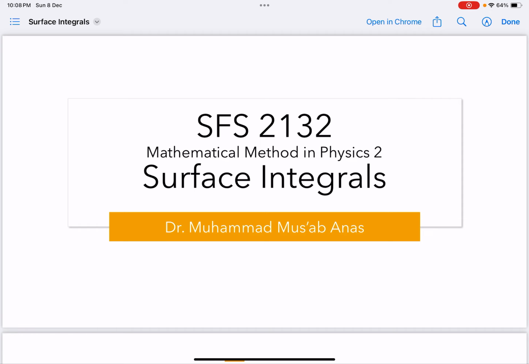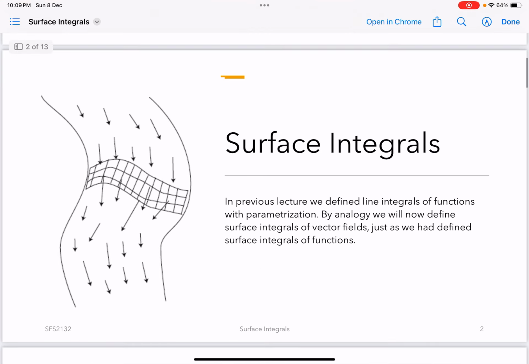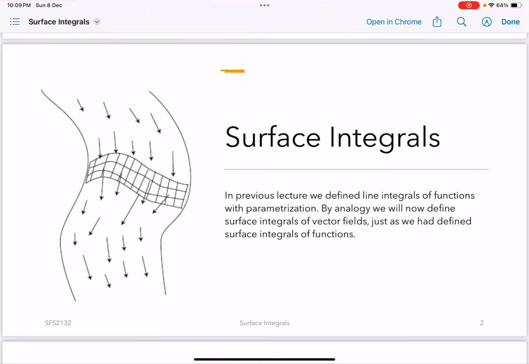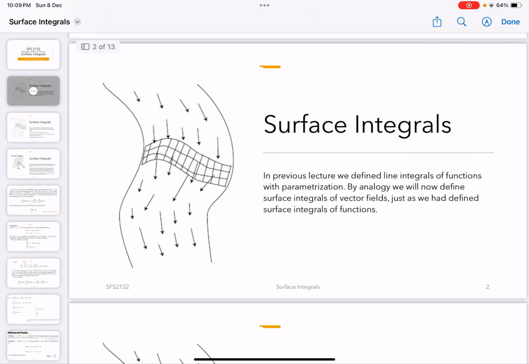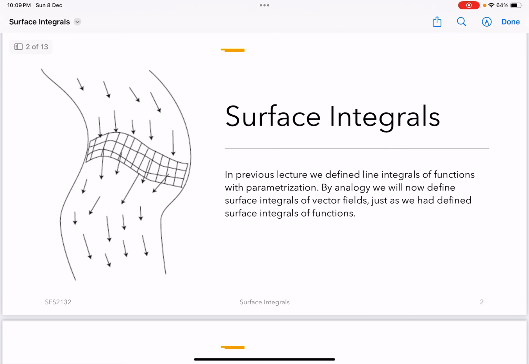Almost the same case. I think we use the same case of the river flowing and there is a leaf or water flow. So like the previous one, we have an analogy for the function of parameterization, which is all about the vector field, the vector field of the river flow or water flow.